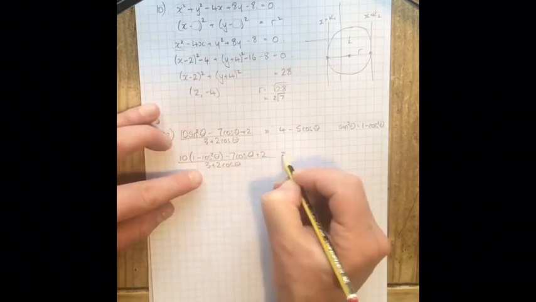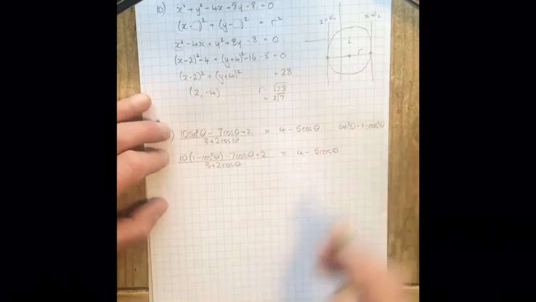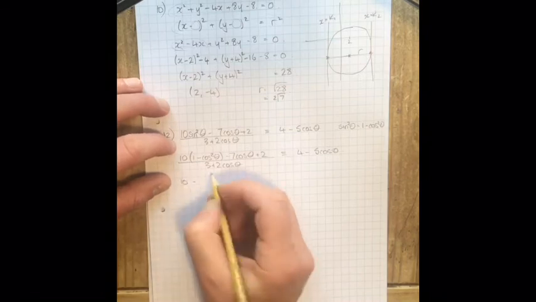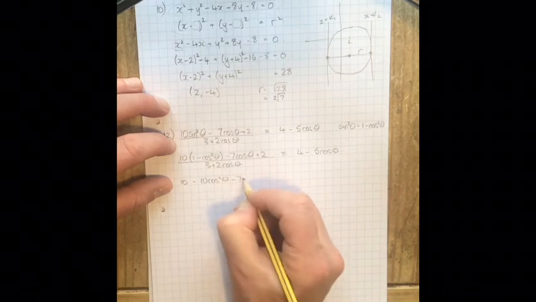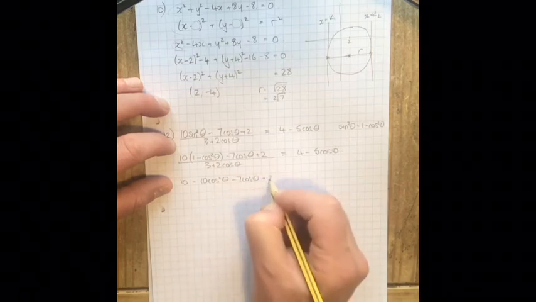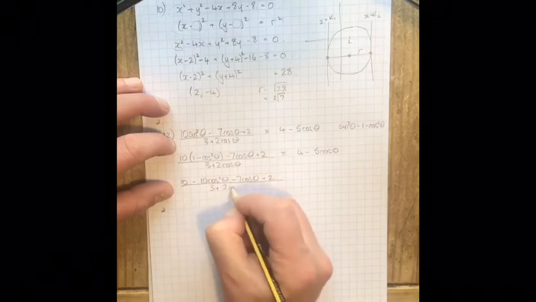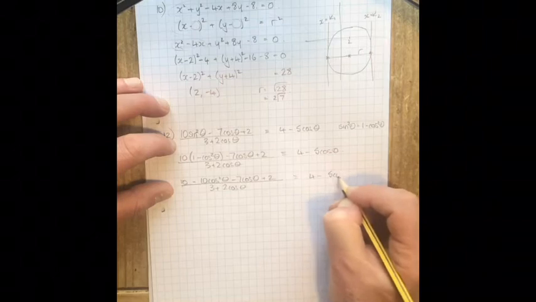I need to show that that is the same as 4 minus 5 cos theta. Alright, let's multiply this out. So I've got 10 take 10 cos squared theta minus 7 cos theta plus 2 over 3 plus 2 cos theta. Show that that equals 4 minus 5 cos theta.